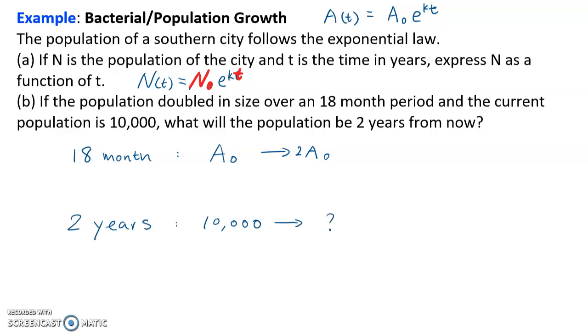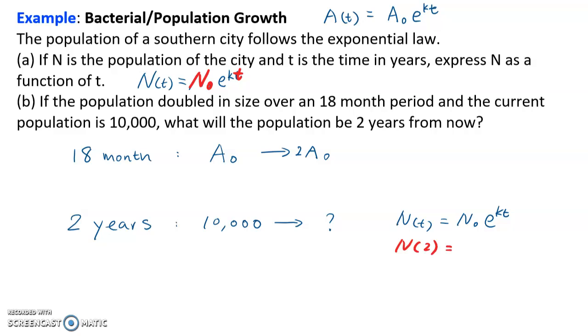What we're looking for is the population in 2 years, basically N of 2.